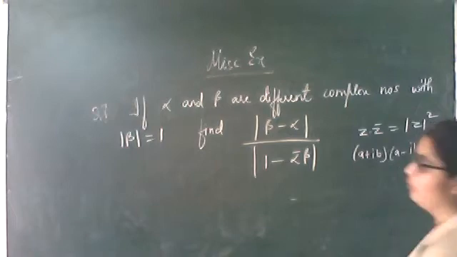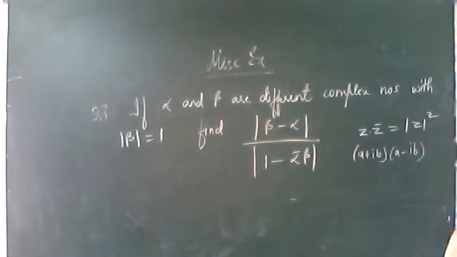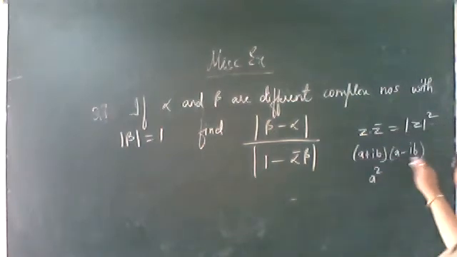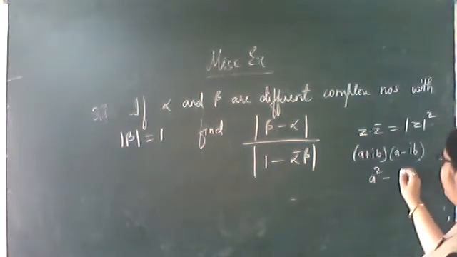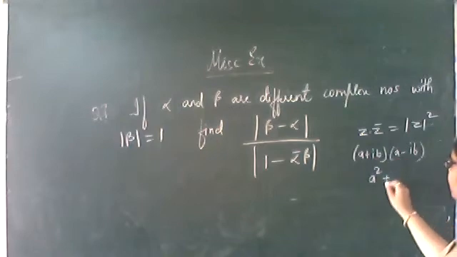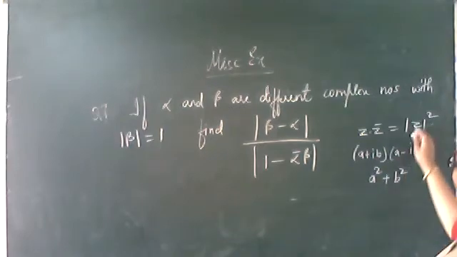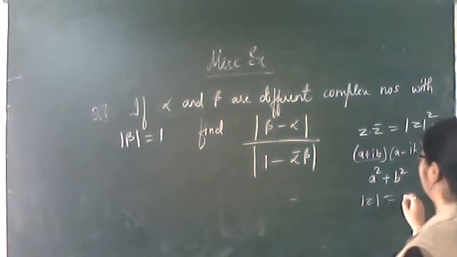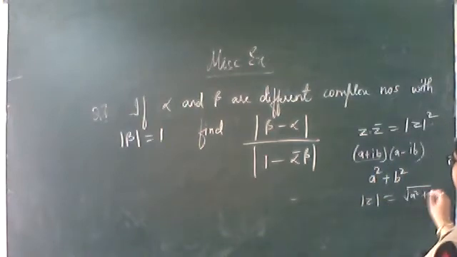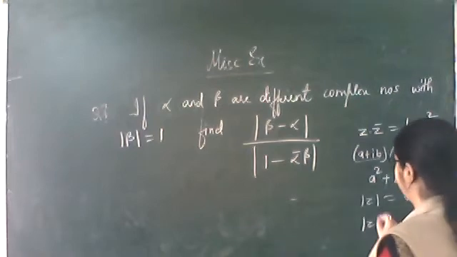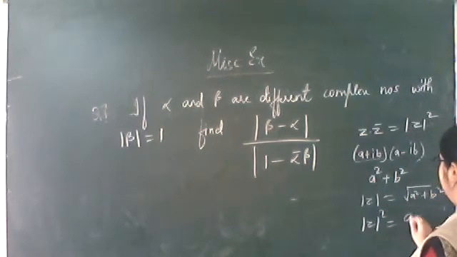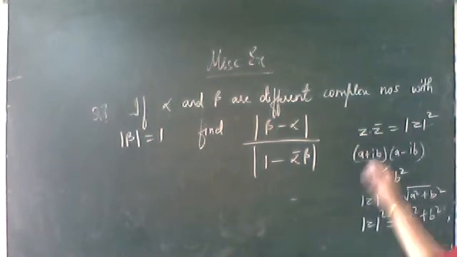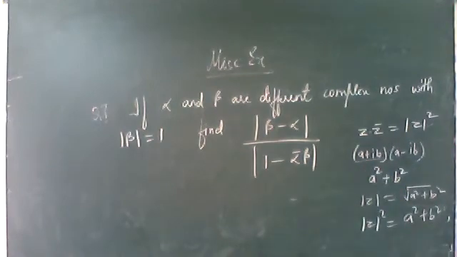Then the product will be a square minus iota square b square, and iota square is minus 1, so it will be plus b square. Now if z is equal to a plus iota b, modulus of z is root over of a square plus b square. So modulus of z whole square will be equal to only a square plus b square. We will remove the root. Clear? Only this rule we have used.